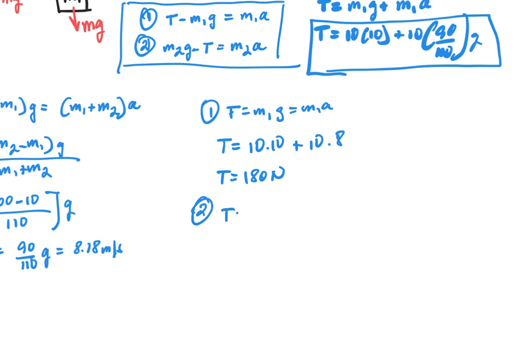Now for block 2, when we arrange our equation, tension is m2g minus m2a. So we've got 100 times 10 minus 10 times 8. We end up with 80.